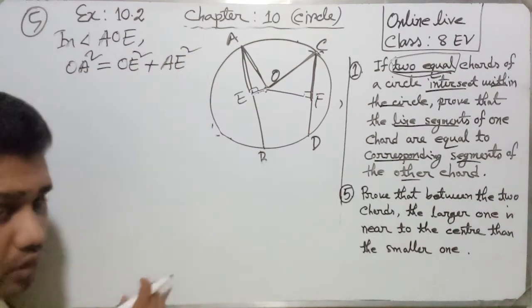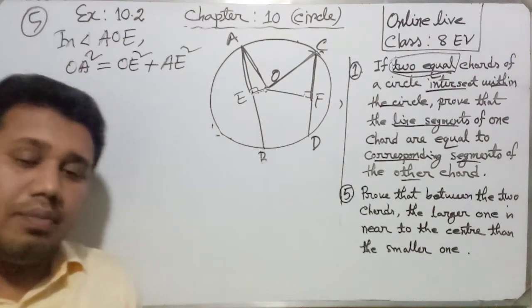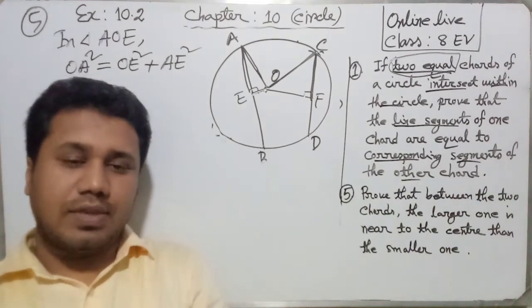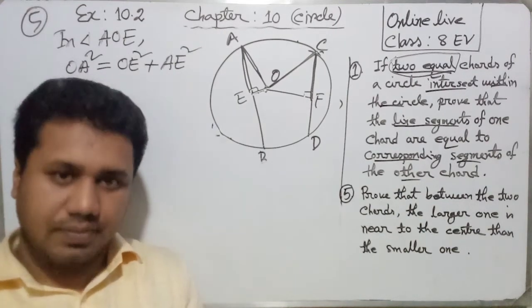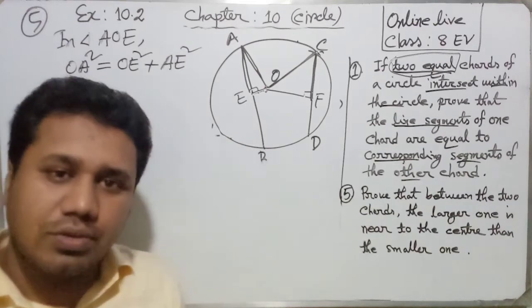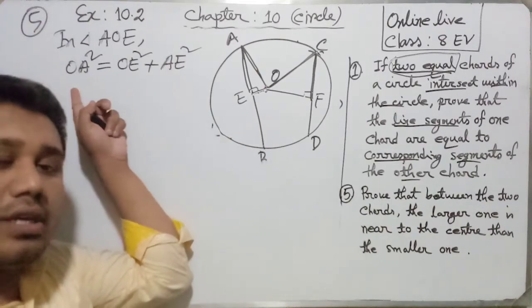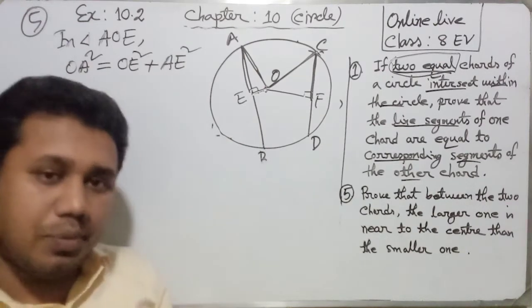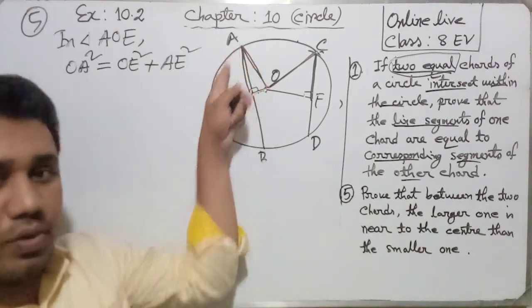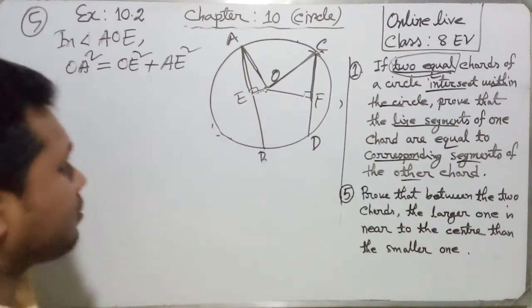How? Dear students, we know according to the Pythagoras theorem, the sum of squares of the other two sides is equal to the square of the hypotenuse. So we can say OA square equals OE square plus AE square.